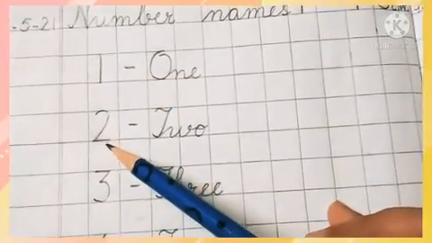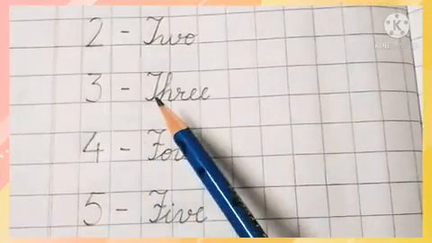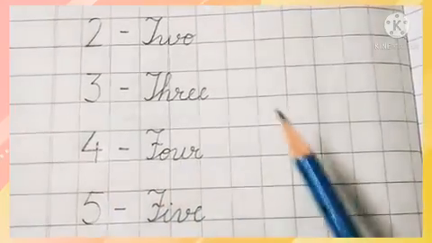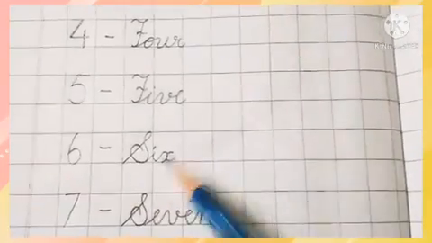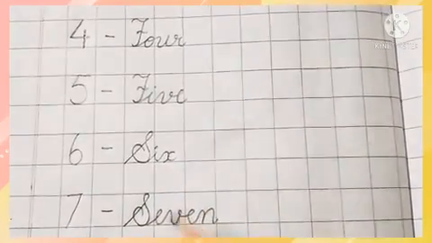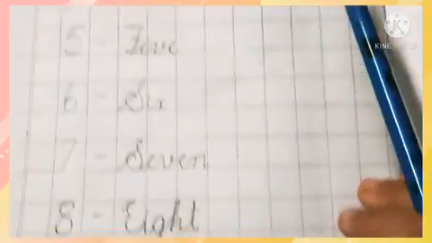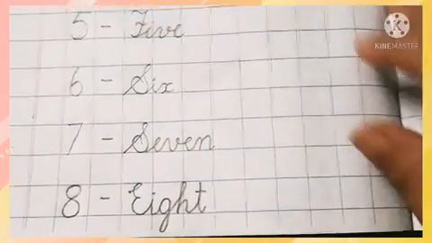Okay? 2. T-W-O, 2. Now, T-H-R-E-E, 3. F-O-U-R, 4. F-I-V-E, 5. S-I-X, 6. S-E-V-E-N, 7. E-I-G-H-T, 8.